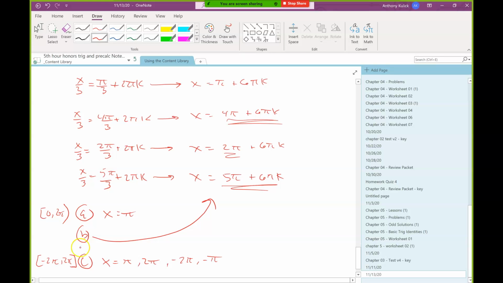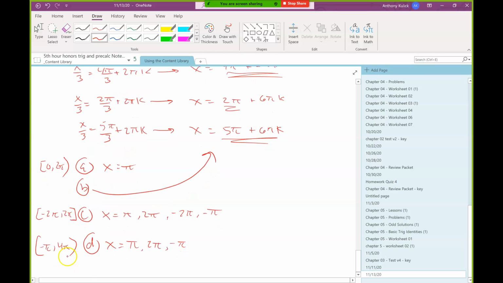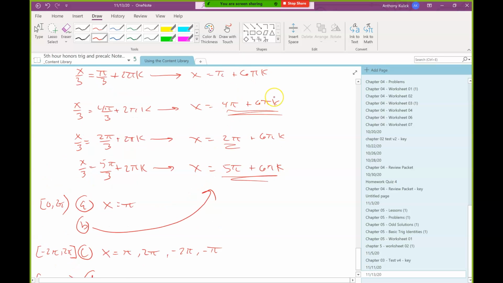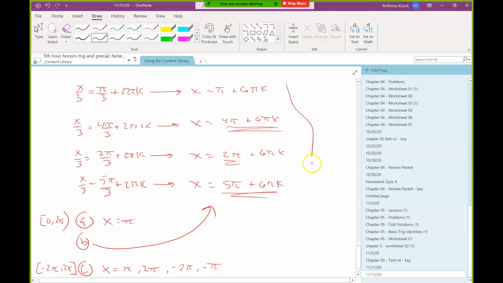Because it's a parenthesis at 4 pi, we don't get an answer from here. So that's it. Well, 3 pi is not on my list, and I can't make 3 pi by adding 6 pi to any of these, or subtracting 6 pi from any of these. So 3 pi doesn't make it. Is that okay?